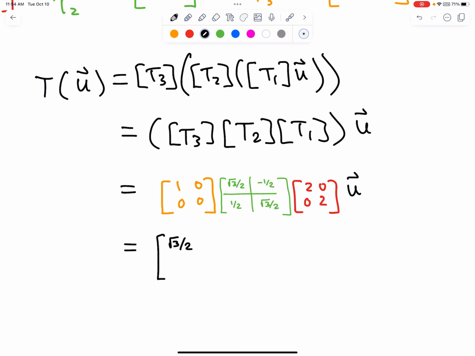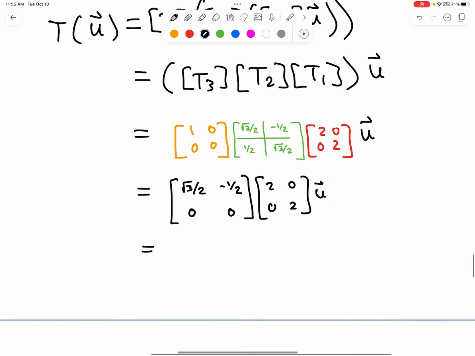So the first column we get rad 3 over 2 plus 0, so just rad 3 over 2, and then we get the 0 vector. And then for the second column, we're going to get negative 1/2 plus 0, and then the final entry just zeros. And now let's multiply these final 2 matrices. We're going to get rad 3 plus 0, so just rad 3, and then 0. And then for the second entry, we'll get negative 1, and then 0. And then times our vector u.